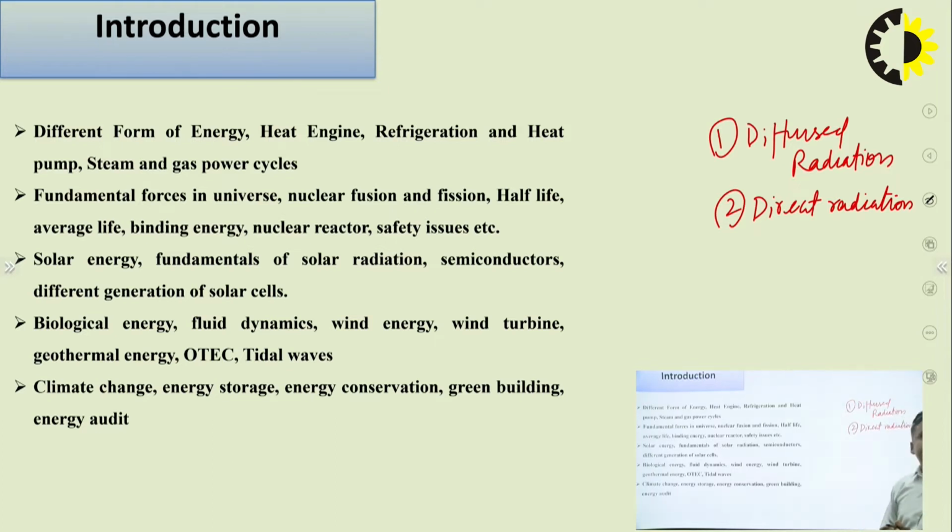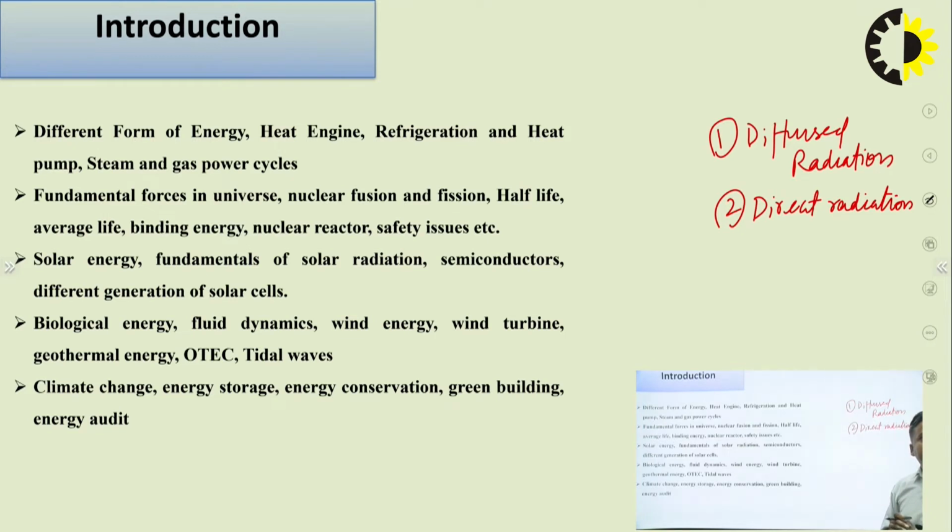Direct radiations are those radiations which are coming directly from the sun, and diffused radiations are those radiations which are coming to the surface of the earth by first reflecting or scattering through some obstacles.